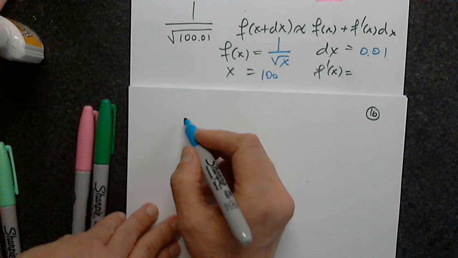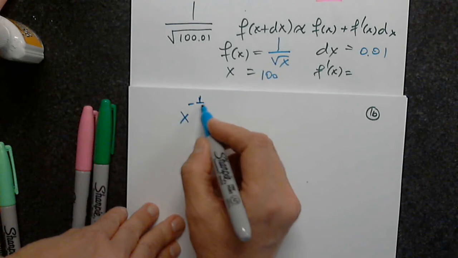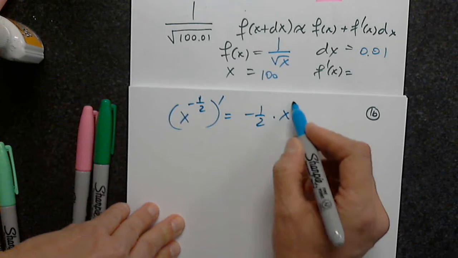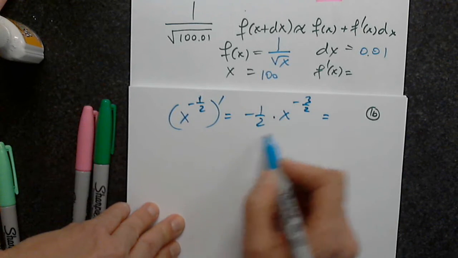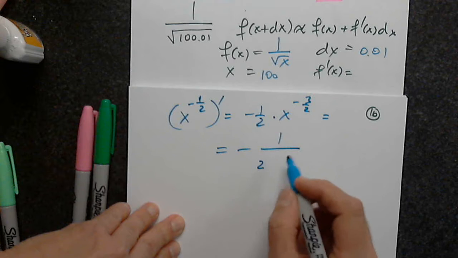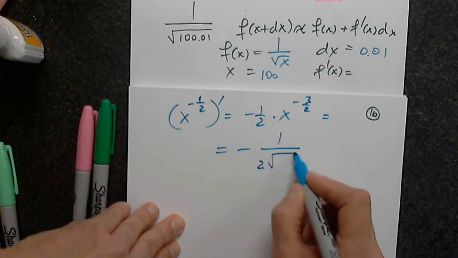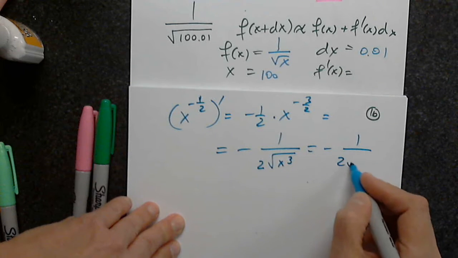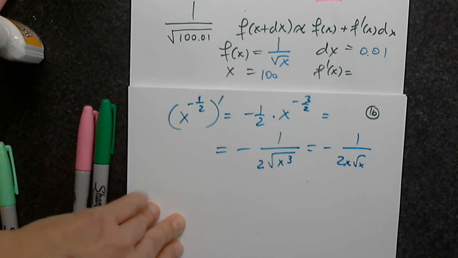That's not nice, because now we have to write x to the -1/2 prime, -1/2 x to the -3/2, or -1/2 the square root, so the square root of x to the third. I would have written it as 2x the square root of x, to be exact.